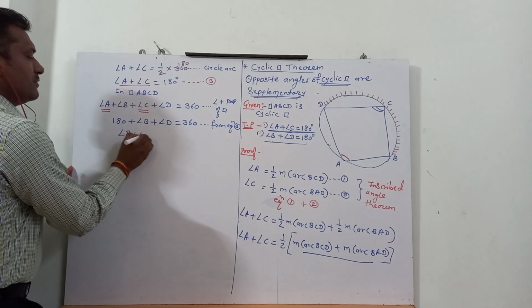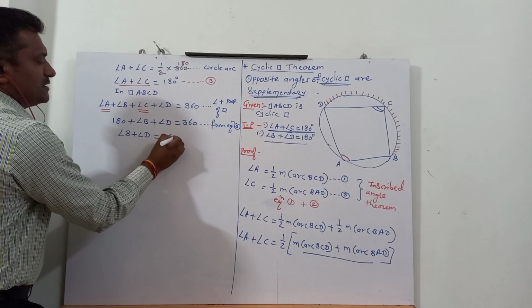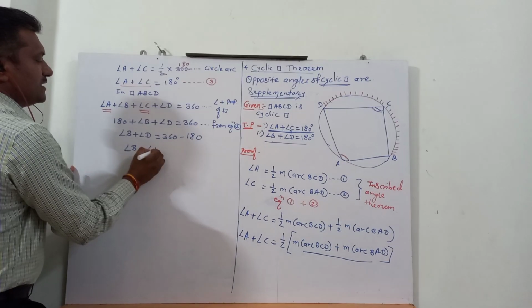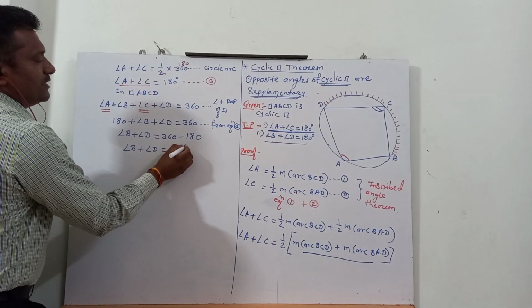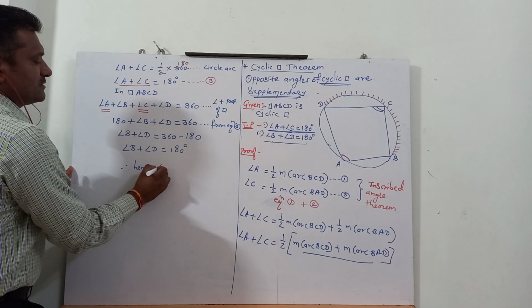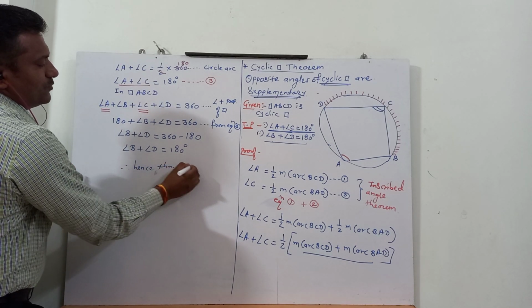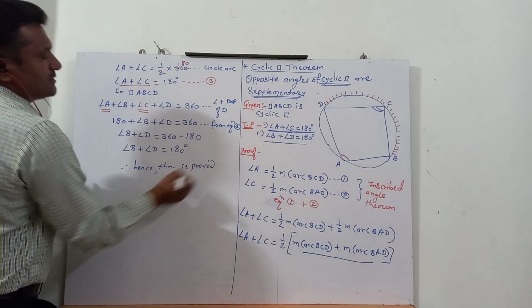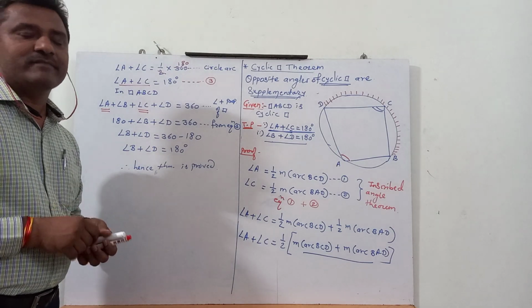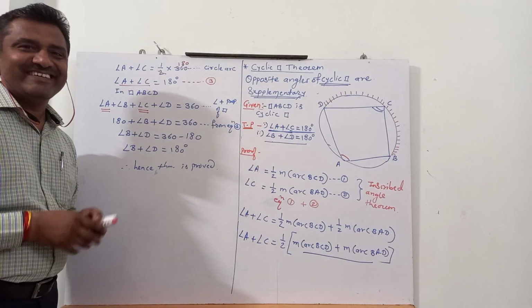Angle B plus angle D equals 360 minus 180. So angle B plus angle D is how much? 180 degrees. Hence our theorem is proved. So like this we proved the cyclic quadrilateral theorem. I hope you understood it. Thank you.